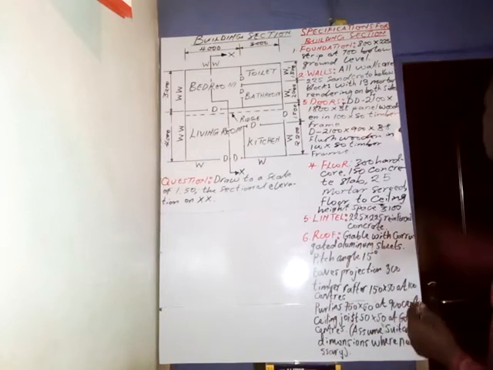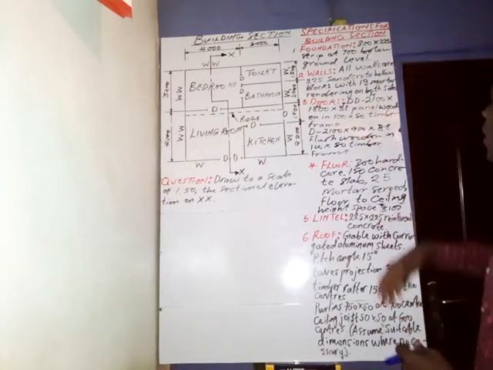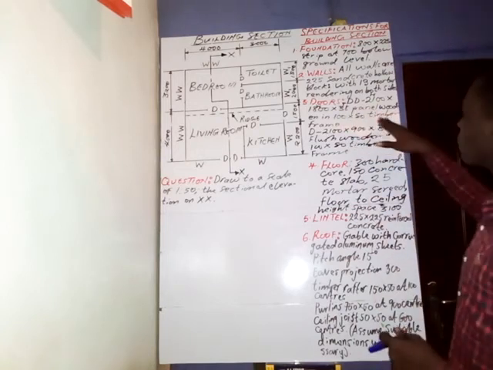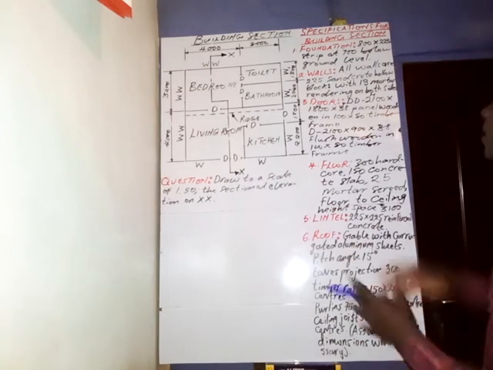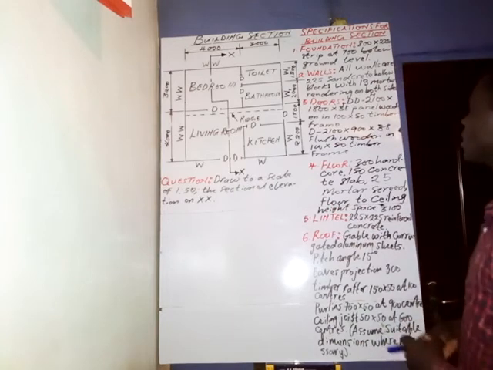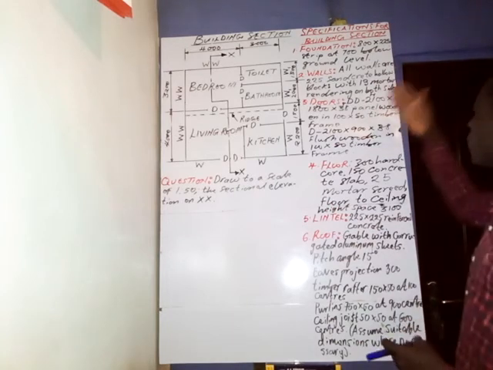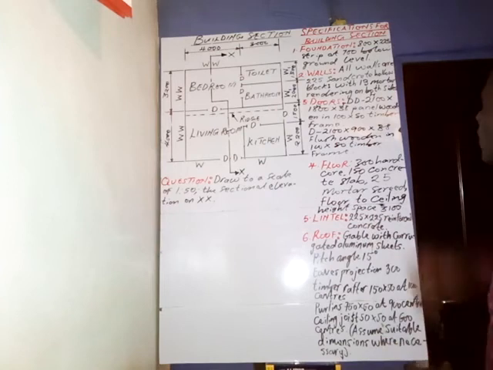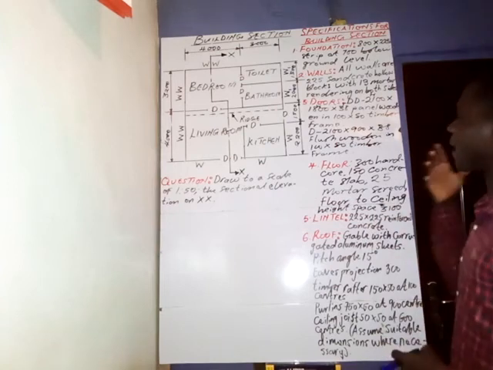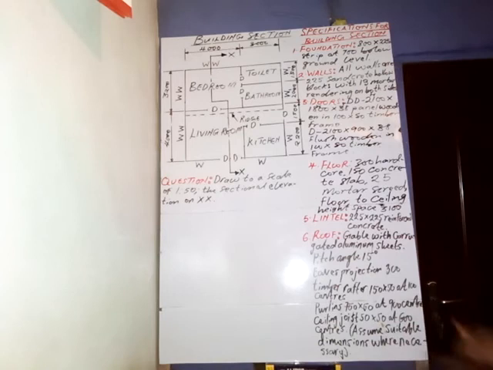It happens to be a wooden panel door in a 100 by 50 timber frame. That is the dimension of the frame.